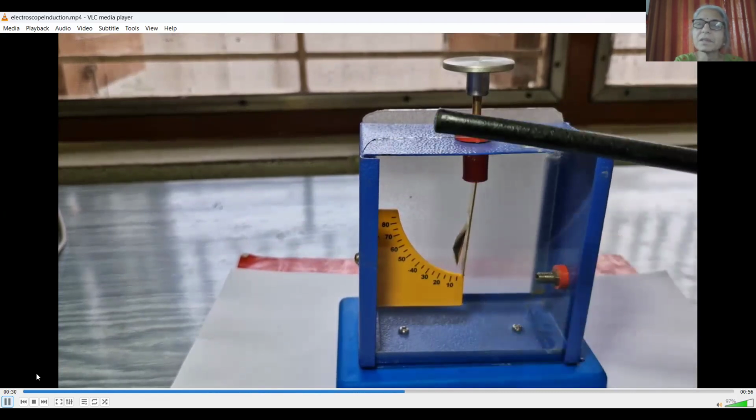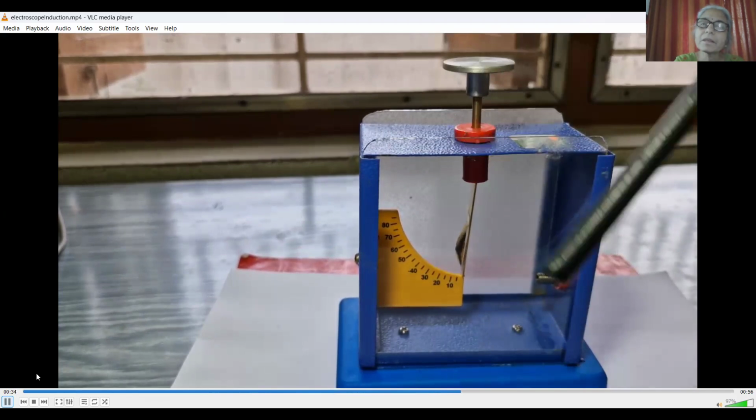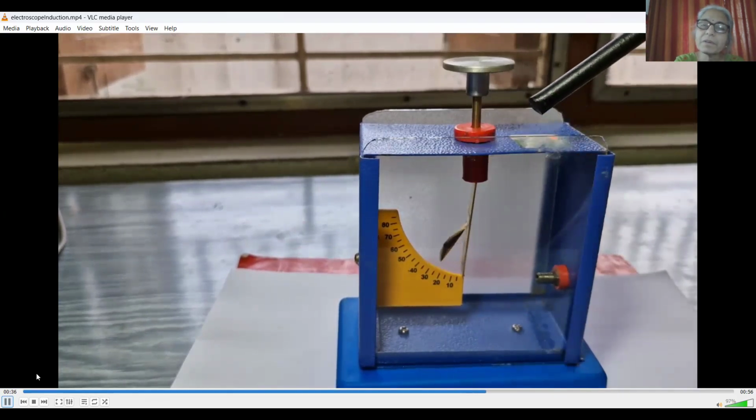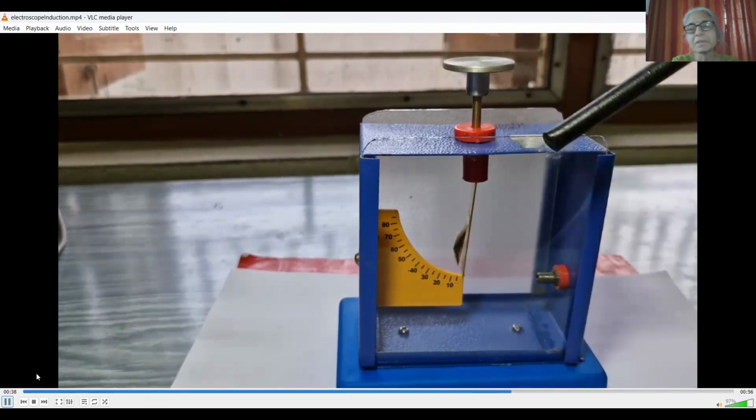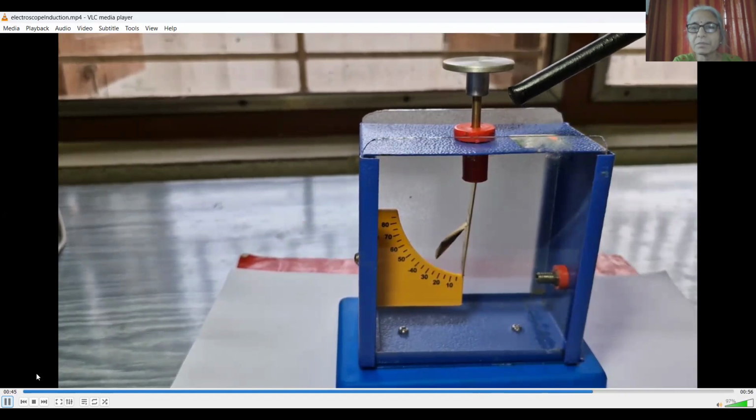I have not touched the electroscope. And when you take the rod away, the leaf collapses. When you bring it close, it diverges. So it is acting as if it is charged, even before charge was deposited, before the charge was moved to the electroscope.